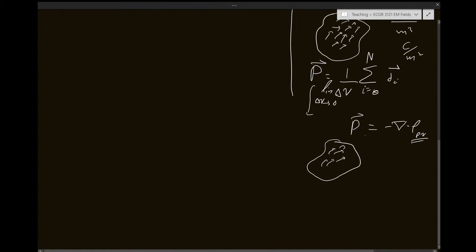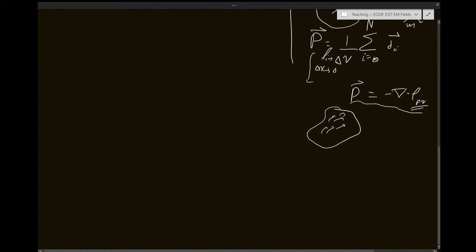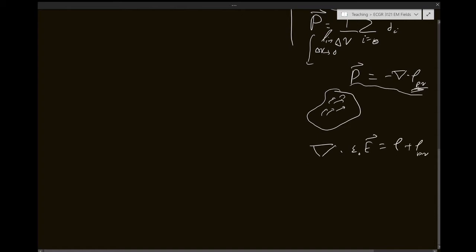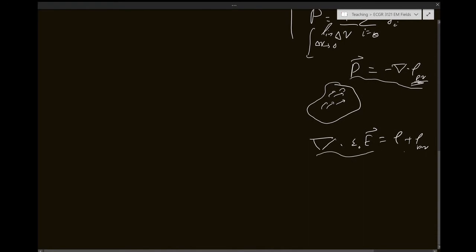And why was this formula useful? It allows us to go back to the postulate and add that charge rho PV to the postulate, because the postulate will always be correct. If there is a charge that arises in the medium due to the polarization, it should still apply to the postulate.